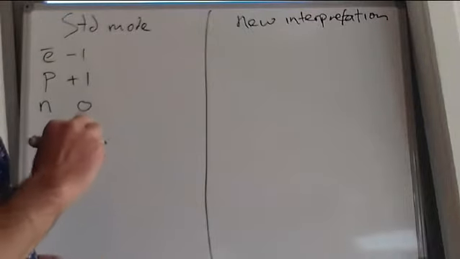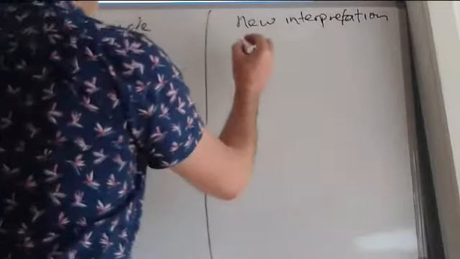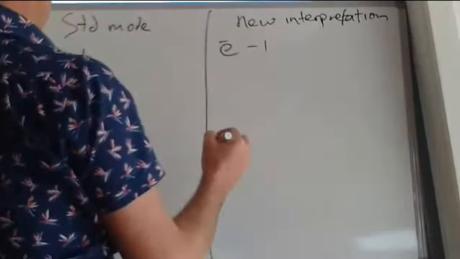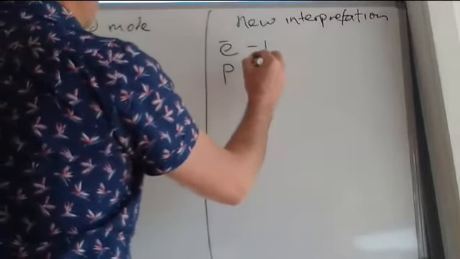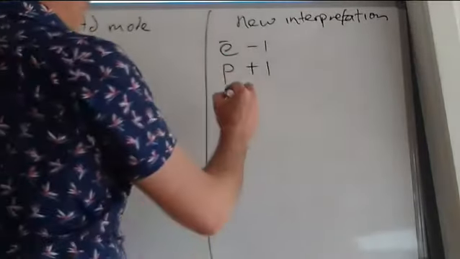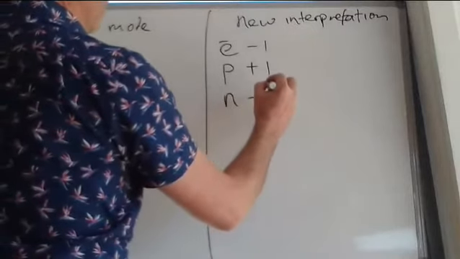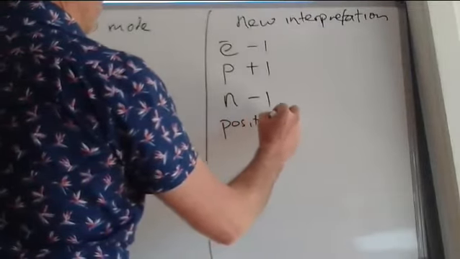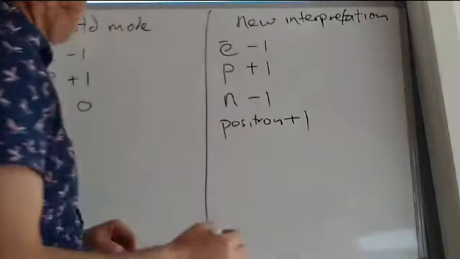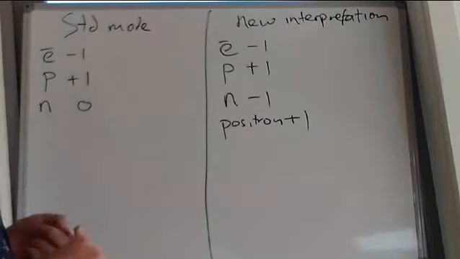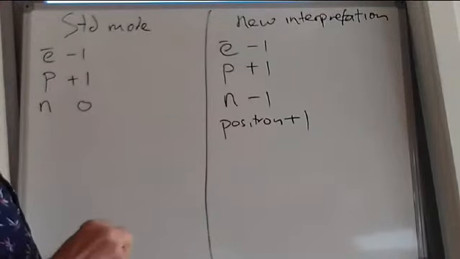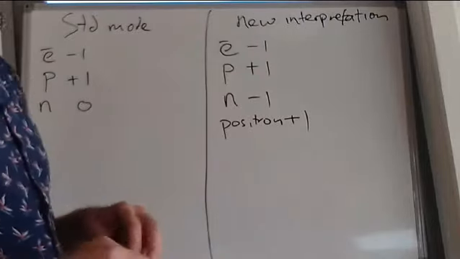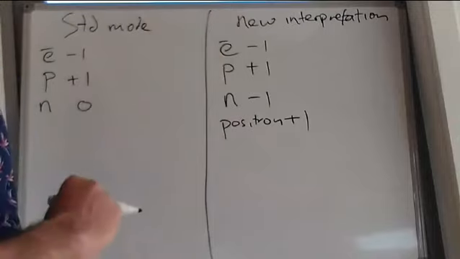The new interpretation is that an electron is -1, a proton is +1, a neutron is -1, and a positron is +1. Now, how do I go from the standard model to the new interpretation? It's a very good question.